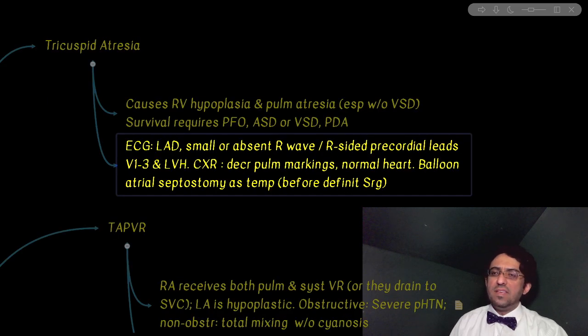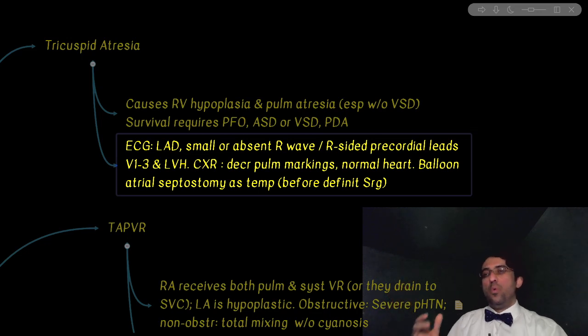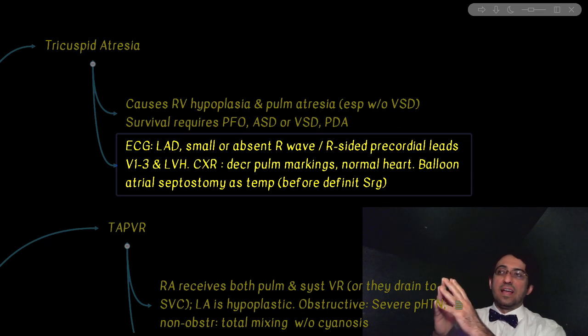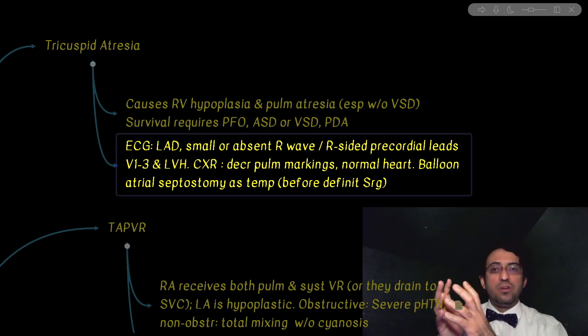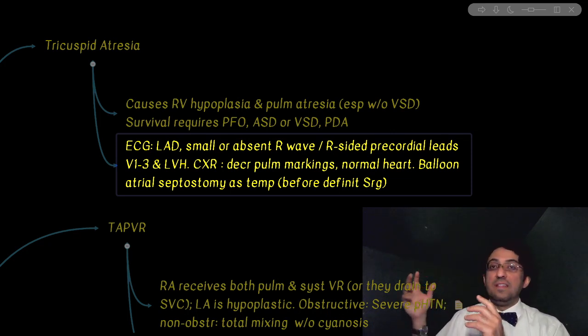Now, what is the specific ECG finding in this tricuspid atresia, or if you have a cyanotic congenital heart disease with a very peculiar ECG finding? What is it? That's left axis deviation. Always remember that the axis of the electrical activity of the heart will be deviated to left or right for either increased bulk of cardiac muscle in that side or decreased bulk of cardiac muscle in the opposite side.